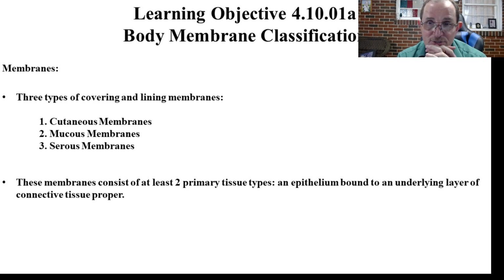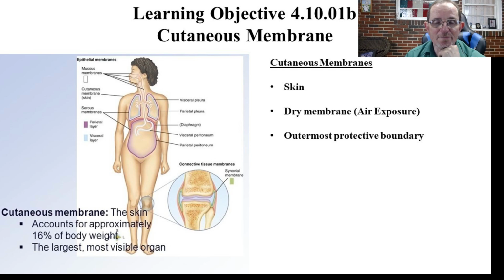We've got serous membranes, which are those guys that surround organs and also surround the cavity. And we're going to see those. Membranes are epithelium with connective tissue underneath it. It's either going to be areolar or irregular or what have you.